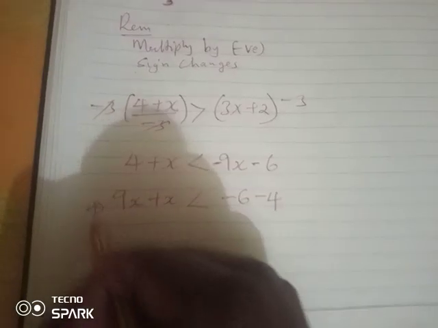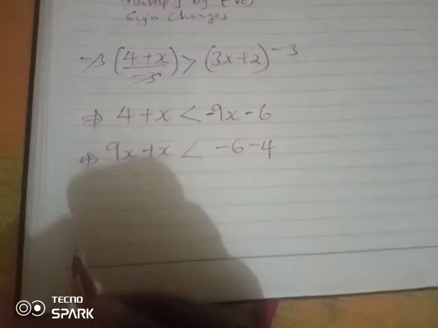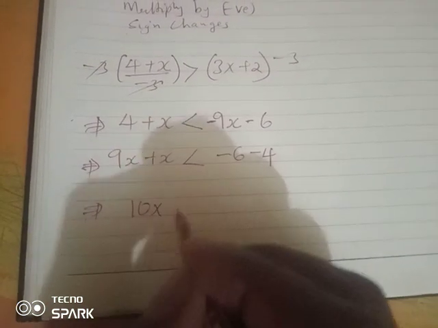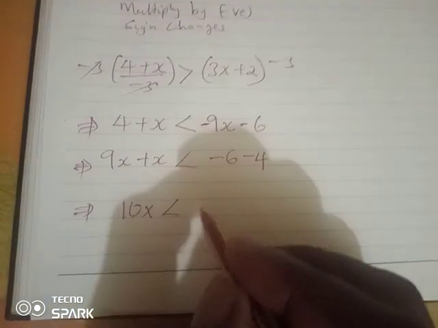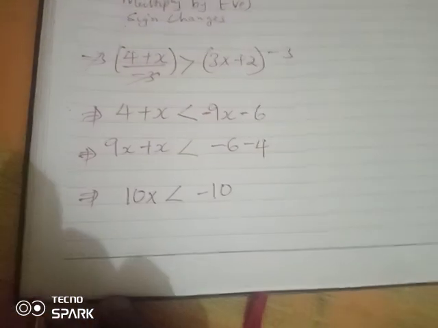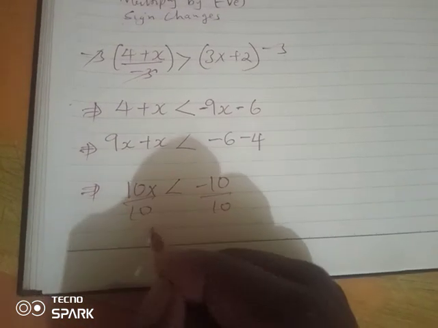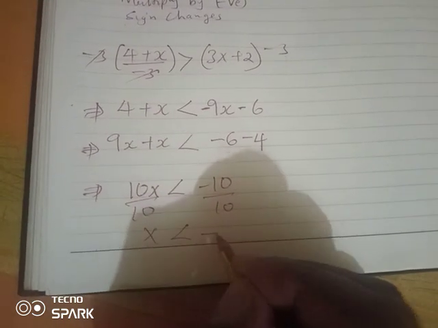So this implies that 10x is less than negative 10. Dividing by 10, therefore x is less than negative 1.